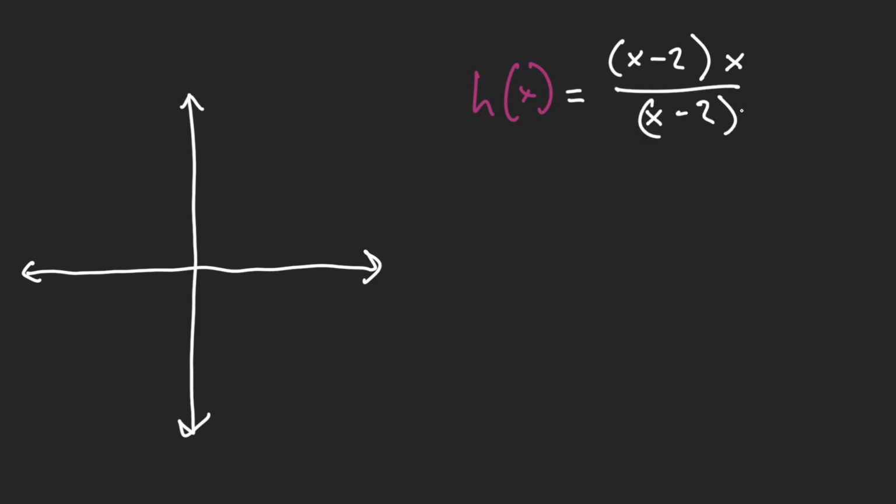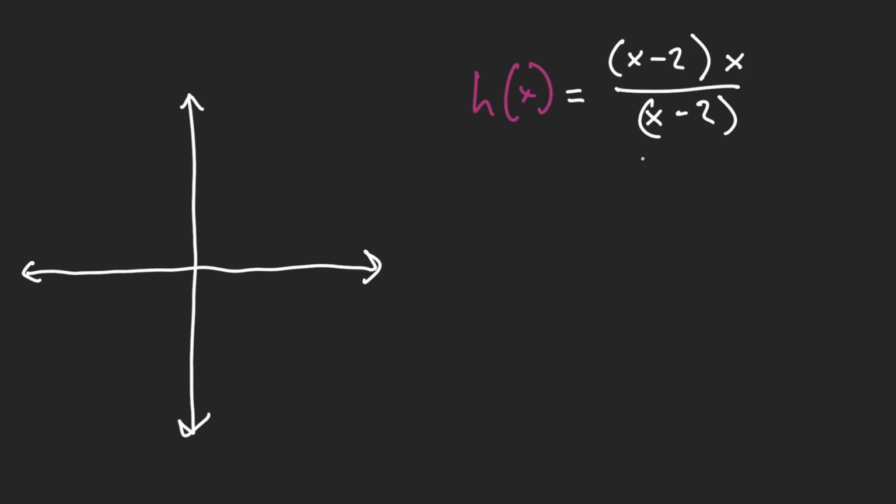One may say, okay, how are we going to graph this thing? Well, x minus 2 over x minus 2 is 1, so we may as well ignore this, and this is just h of x equals x. And there's our graph. But there's a problem, because we can't just ignore that when we graph it.